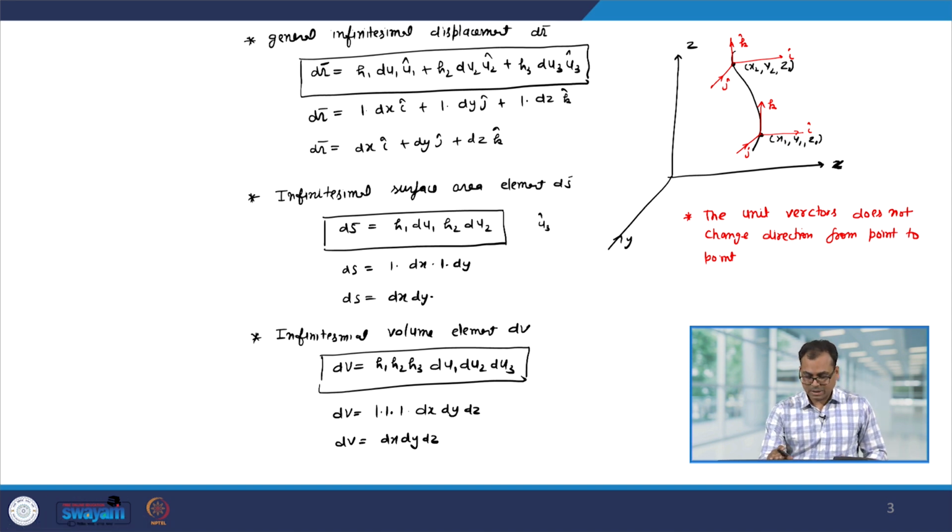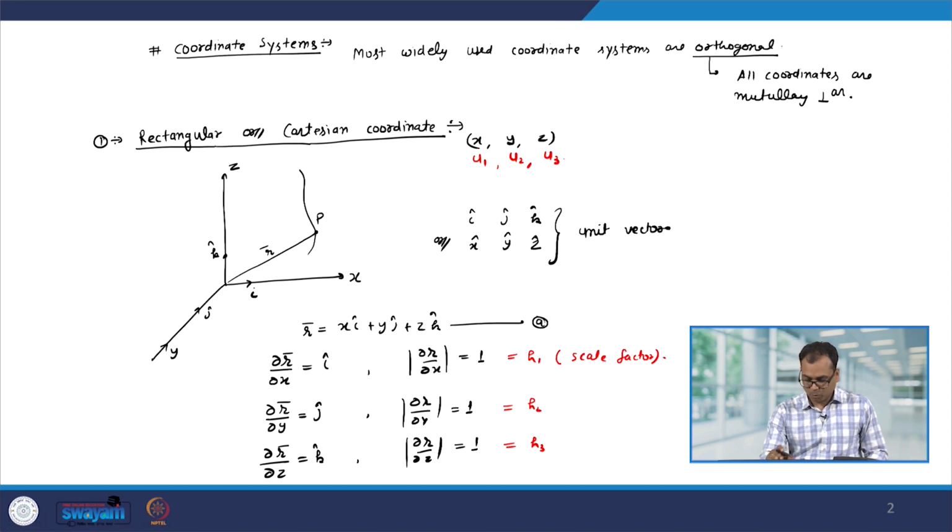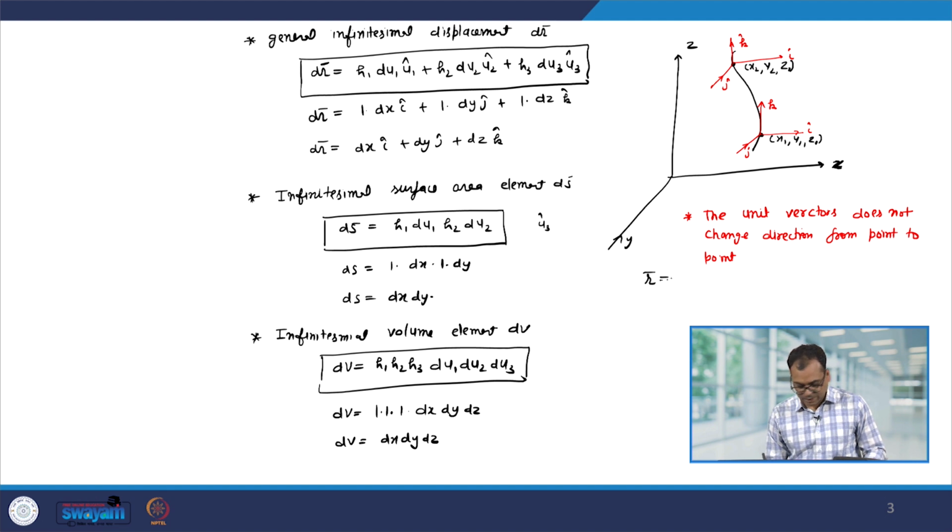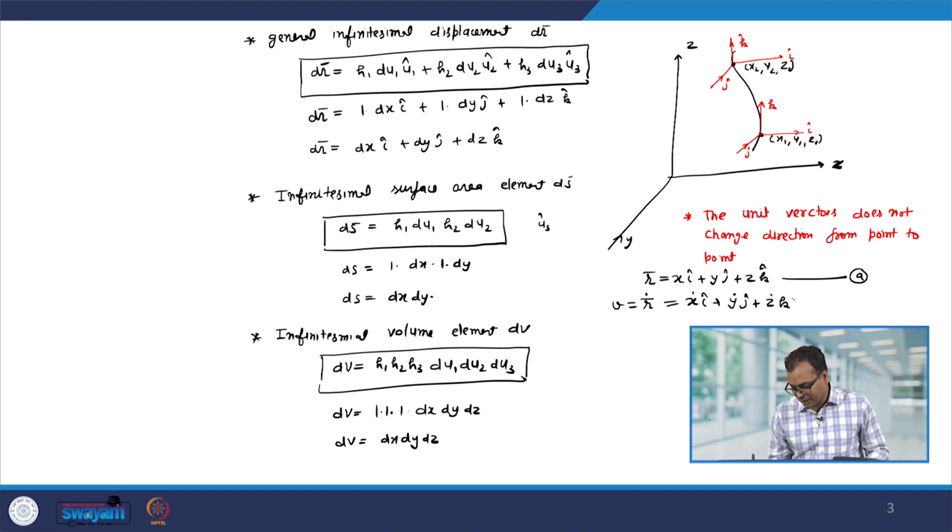So, let us look at equation number A again, which is position vector r. In Cartesian coordinate it was xi plus yj plus zk. Therefore, the velocity or r dot will be x dot i plus y dot j plus z dot k. Note that because i, j and k do not change, they are constant and we do not need to take their differentiation.